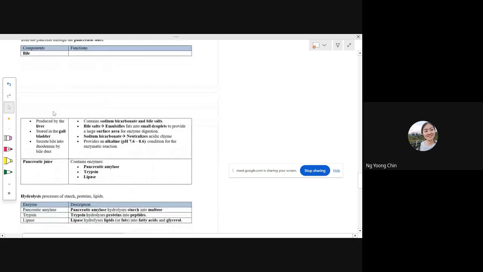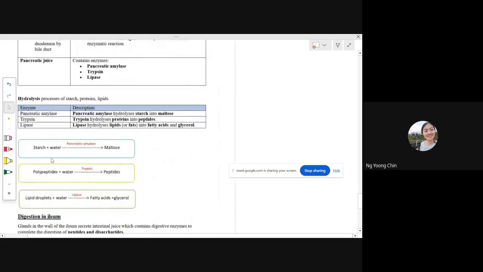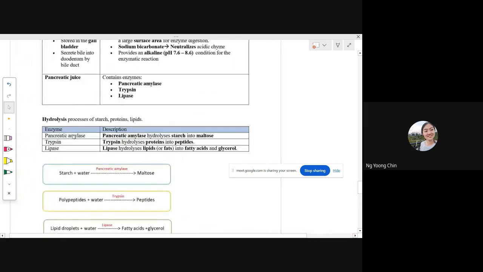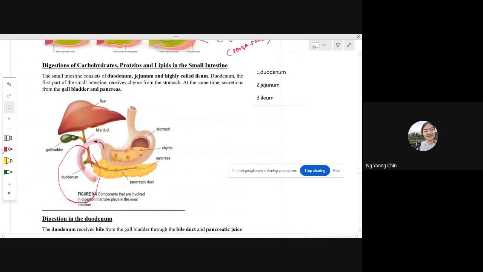This is the enzyme: pancreatic amylase, trypsin, and lipase. Those three enzymes are produced by the pancreas. The pancreas is the organ here.